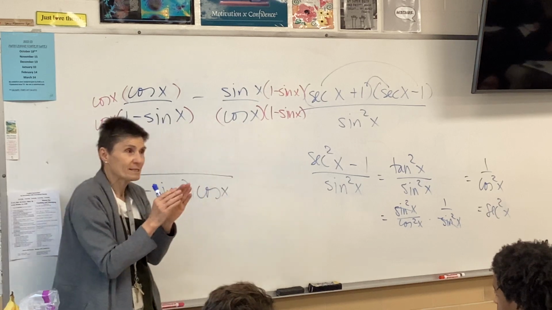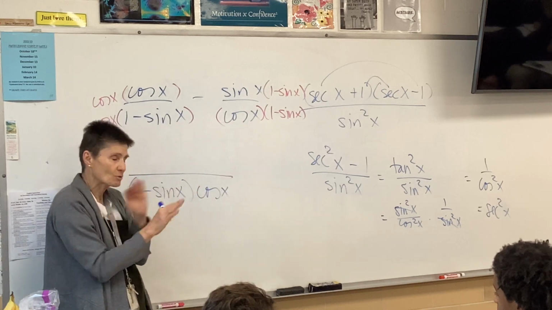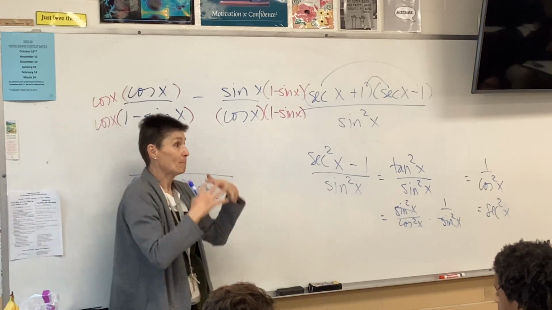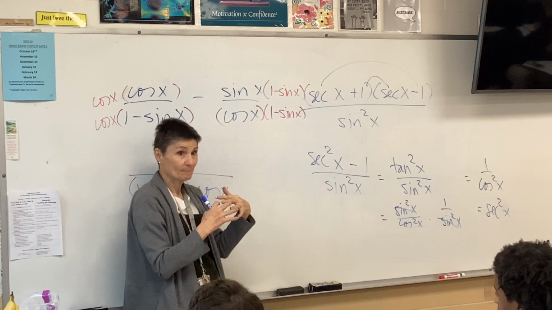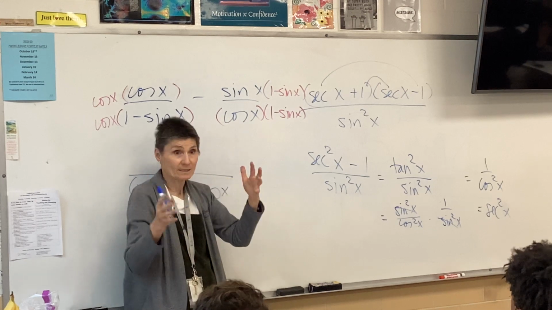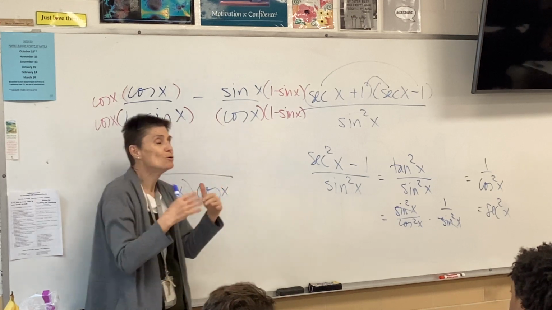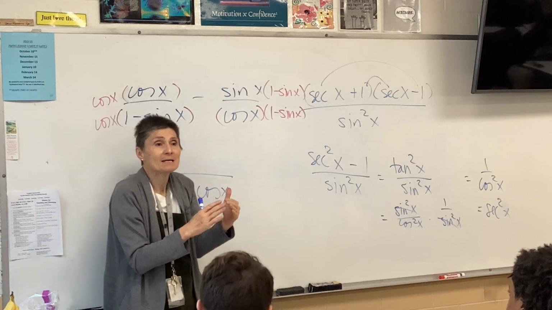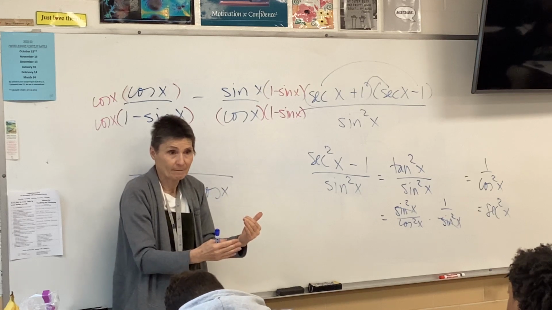So it's almost always, I'm not going to say always because there's no always, easier to keep it in sines and cosines than to be going off on tangents. If you want to change it, you can, but it may mean more steps for you in the end.